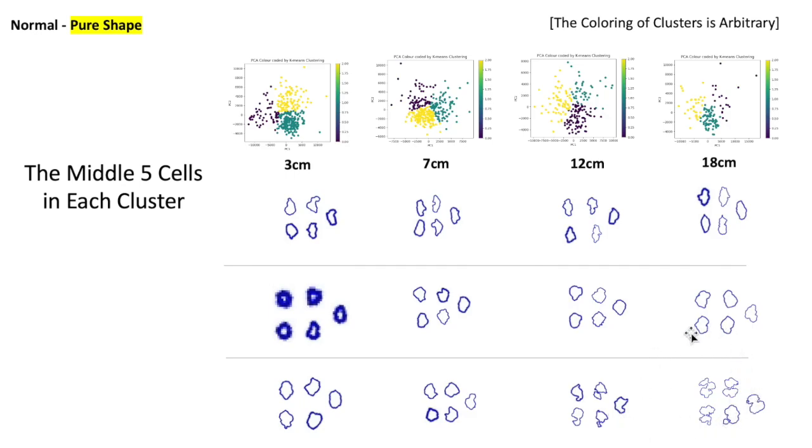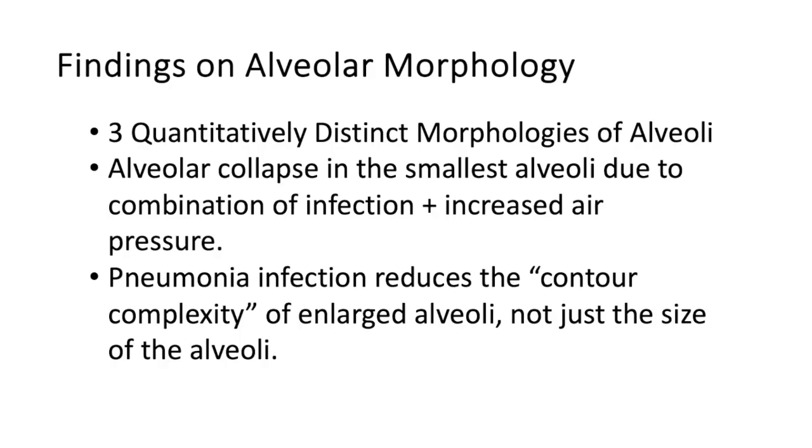So in conclusion, regarding what we found about alveolar morphology, first we found that there are three quantitatively distinct morphologies of alveoli in both normal lungs and infected lungs. Second, we found that the smallest category of alveoli actually collapse due to the combination of infection and increased air pressure, which might be a distinct mechanism of breathing obstruction compared to infection preventing alveoli from enlarging.